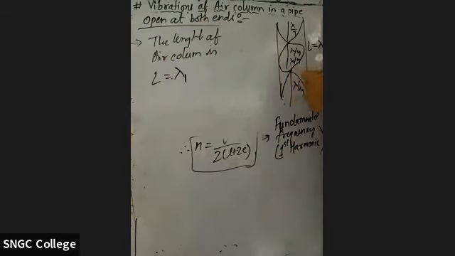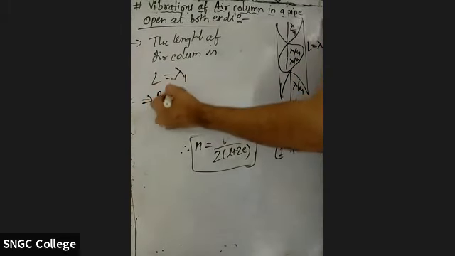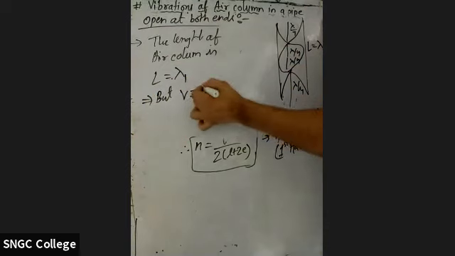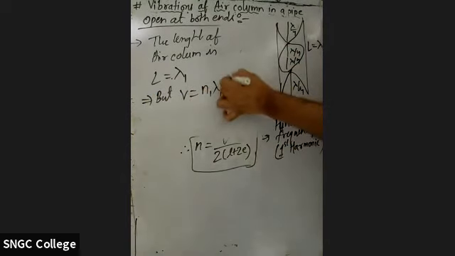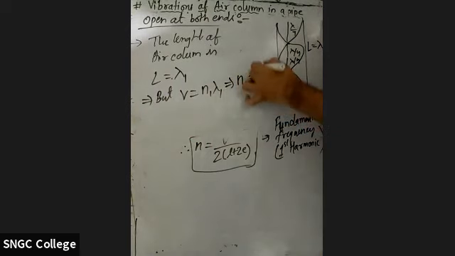Therefore, we have to write the equation of velocity, which is n1 into lambda 1. So from here we can find n1 equal to V upon lambda 1.